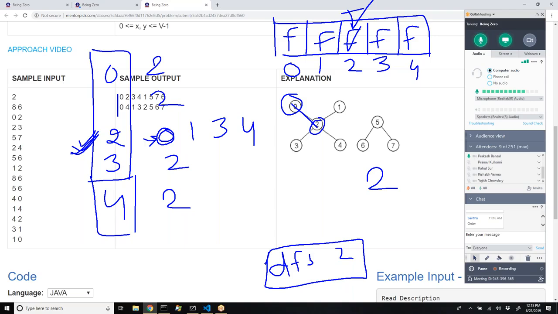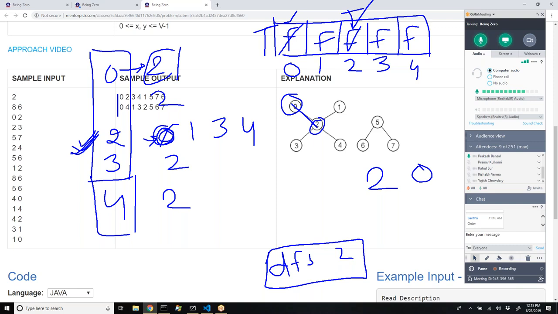So clear so far? Now when we are doing this with 0, what will happen? 0 is visited? No, it's false. So we mark it visited, we print 0, and then what does 0 do? 0 looks for its children and next options. So 0 will see that next vertex of 0 in the adjacency list is 2. 0 will make a recursive call to 2 to go and do DFS.